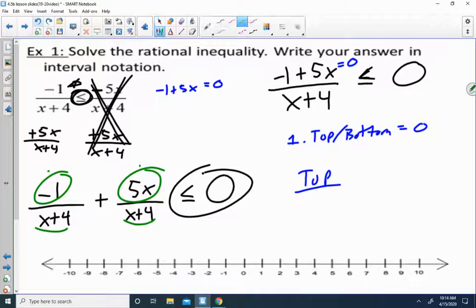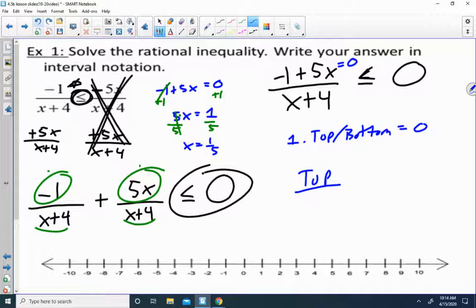I'm going to do the easy stuff first. I'm going to take the minus 1 and add it over. That gives me 5x equals 1. And then the 5 is being multiplied, so the opposite is to divide, and we get x equals 1/5.